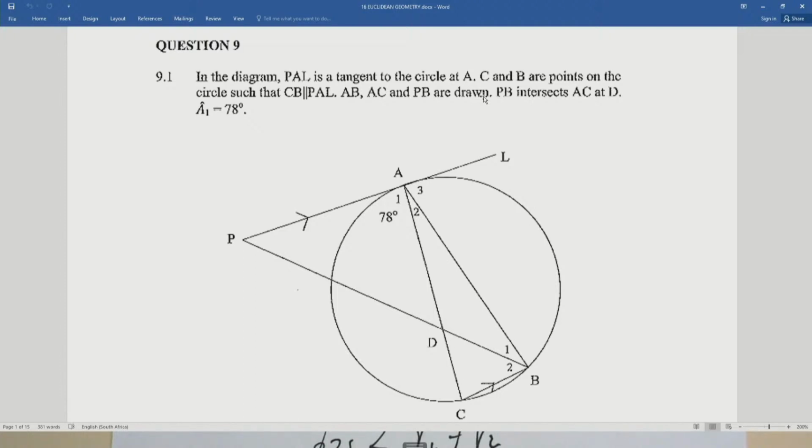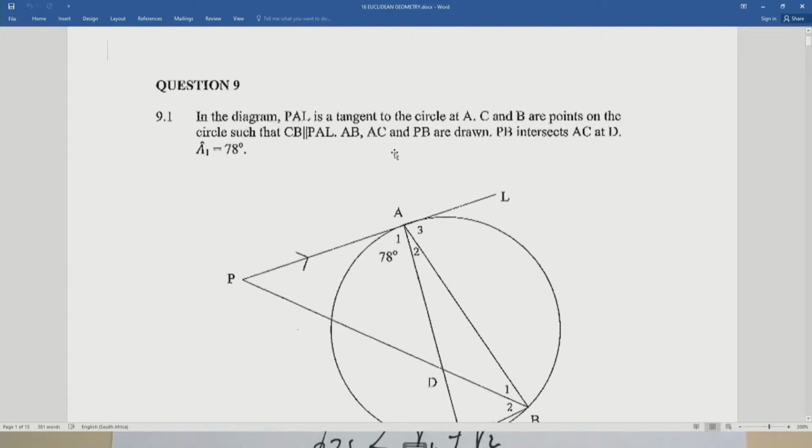Then AB, AC, and PB are drawn. Then PB intersects AC at D. Then A1 is equal to 78. You check the sketch.